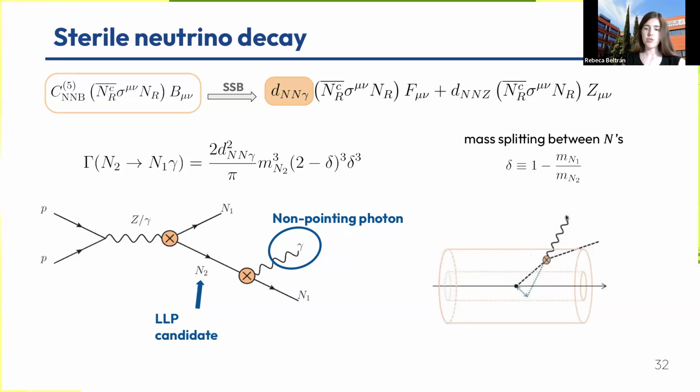So if one reconstructs the photon trajectory, then one can determine the displacement with respect to this main interaction point. So this photon trajectory can be reconstructed precisely at the ATLAS or CMS electromagnetic calorimeters, and then one can use this signature to look for LLPs.